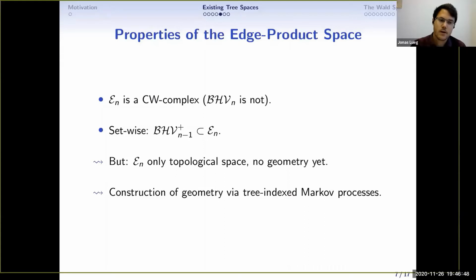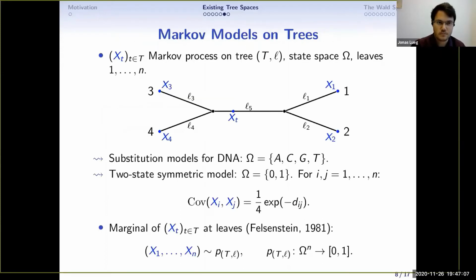But the drawback is that the edge product space is only a topological space, and we have no geometry yet. But we have added the forests. So we want to construct a geometry, and that we will do by construction, by going over the tree-indexed Markov processes. Markov models on trees are, I guess, well known to this audience.